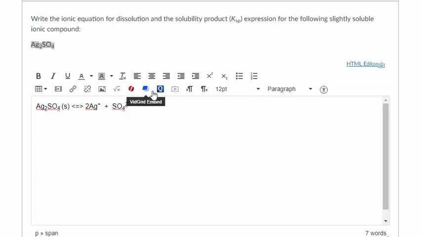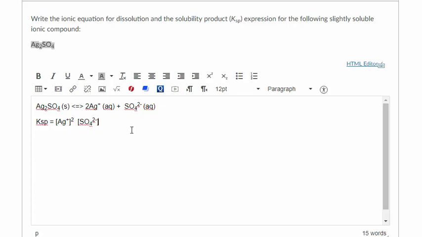So now we have a Ksp that we have to show, and I'm going to show that Ksp. Again, you can copy and paste and it makes it go faster. Make sure to superscript where appropriate so that the Ksp expression would have this silver ion squared. That is important. So that's all I need for that question.